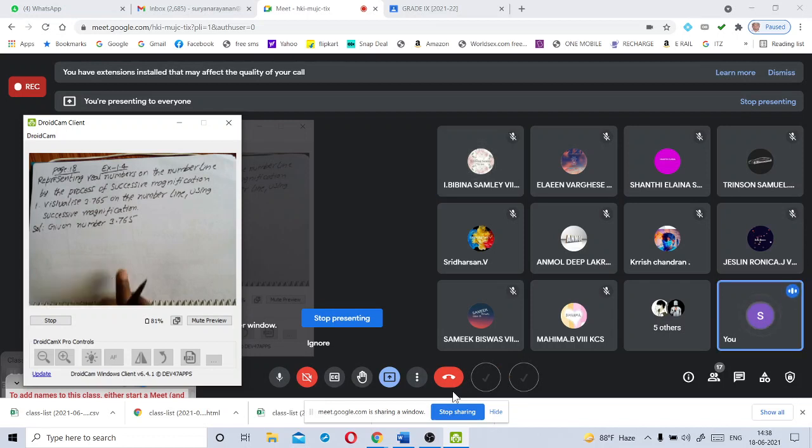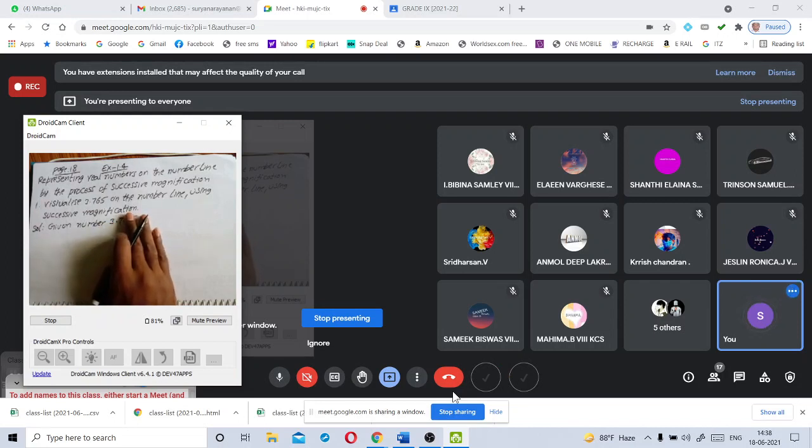Now come to the whole number and the first decimal point. Close the remaining digits. Only concentrate, focus on these two: the whole number part and the first decimal point. What is that number?